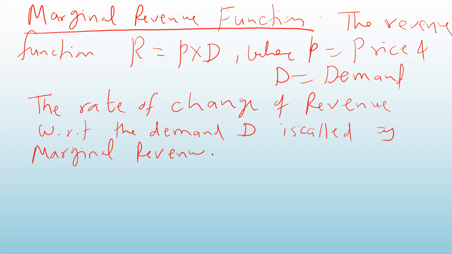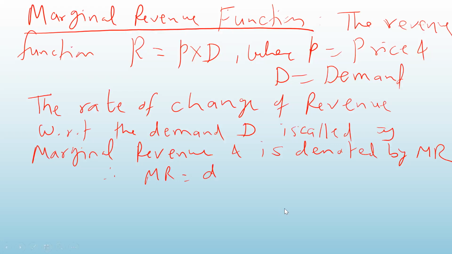And it is denoted by MR. So therefore, what is MR? It is the derivative of R with respect to D. So this is marginal revenue. Okay.